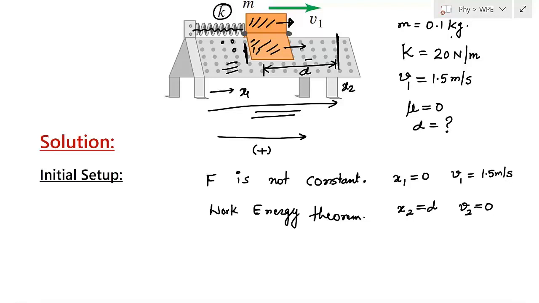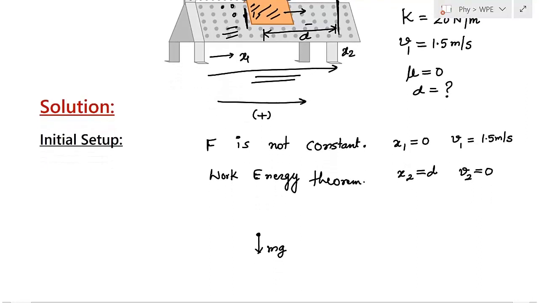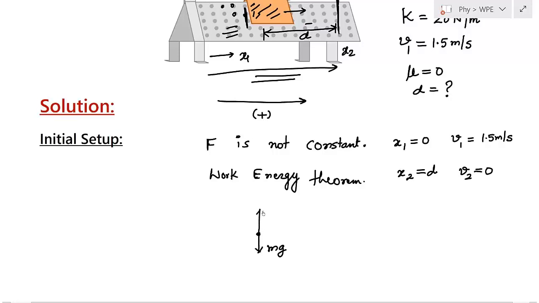So let us first draw the free body diagram of this glider. So I can show this is my glider. What are the forces that are acting? One force, that is mg, is acting in the downward direction. And on this glider the normal reaction will also act, and there is no friction, but the spring force will act in this direction, let's call it F spring.